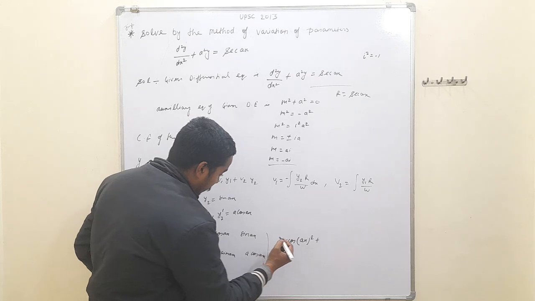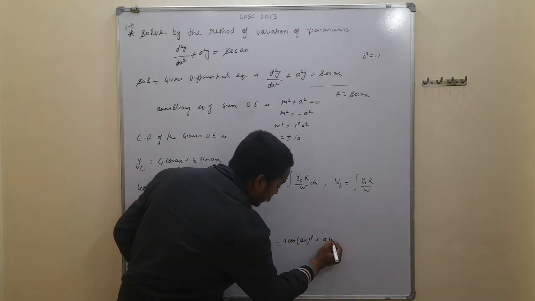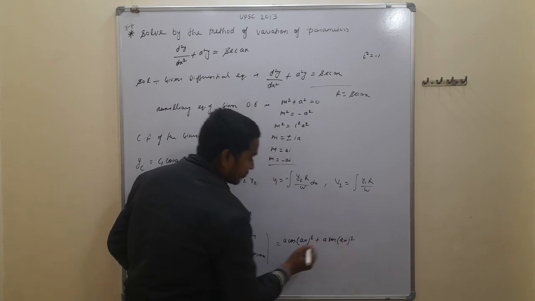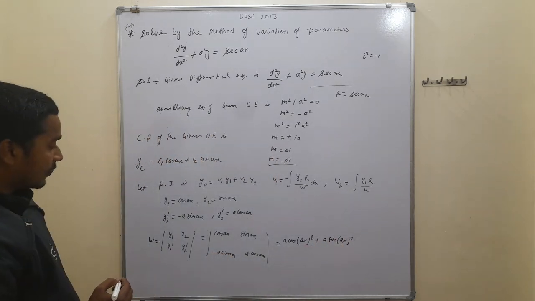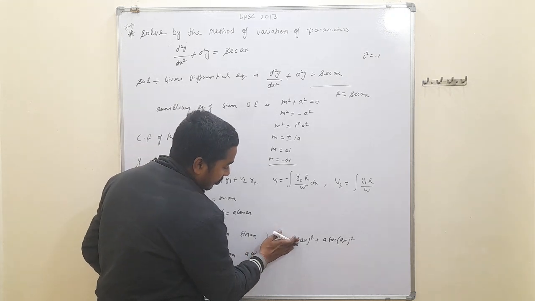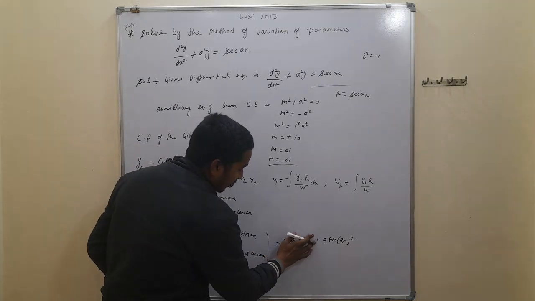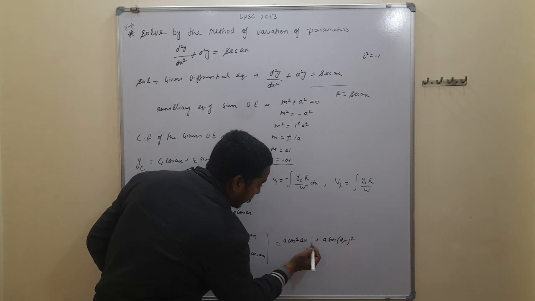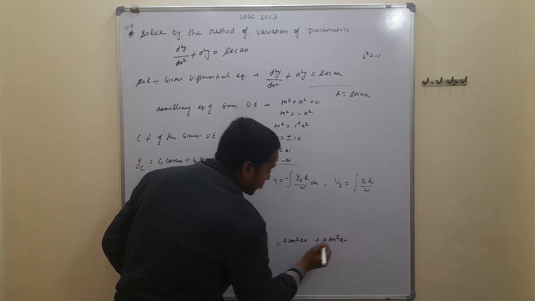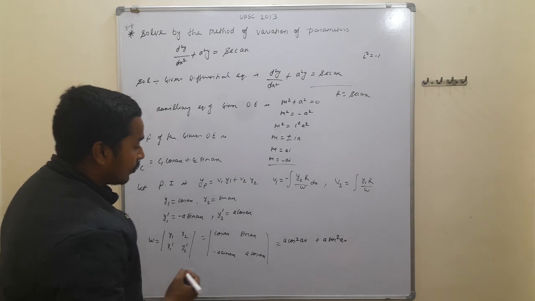so we write a sin^2 ax. This is cos^2 ax, and this is sin^2 ax.